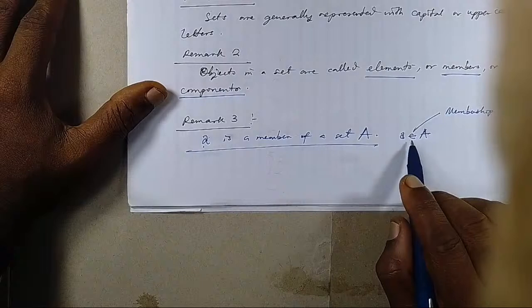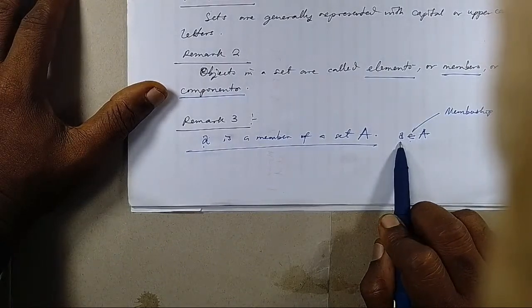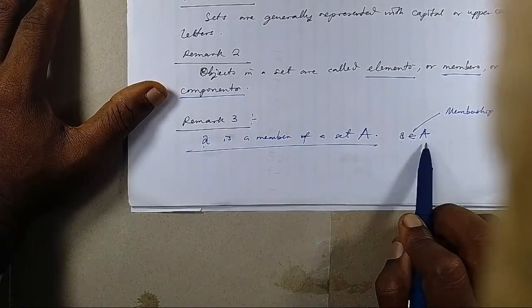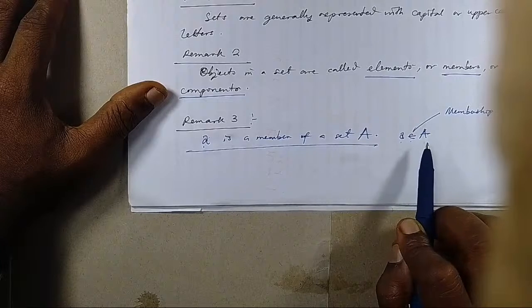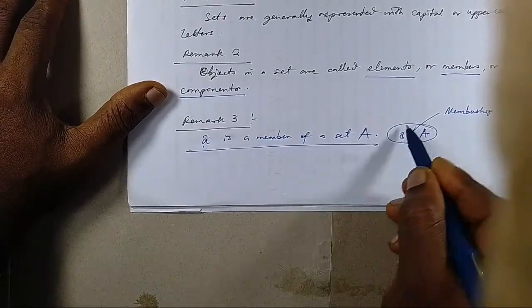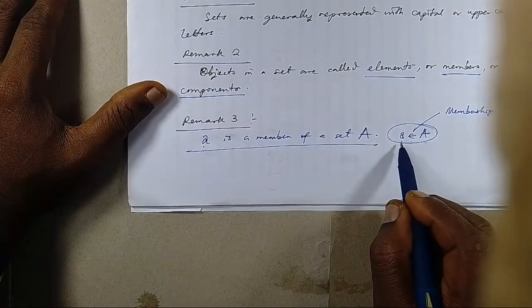So you use this symbol to tell us that an element such as this small letter a, or lowercase a, is a member or an element of, or is contained in, A. Take note, once I write this statement, I can interpret it as follows.